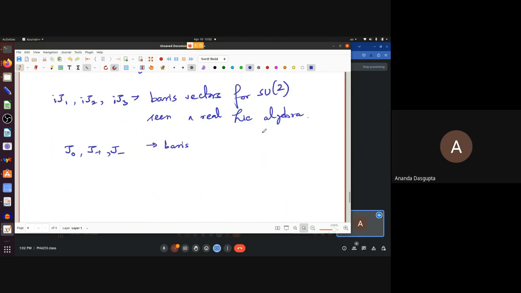So this is basically, you started with iJ1, iJ2, iJ3, which are basis vectors for SU2, a real Lie algebra generated by iJ1, iJ2, iJ3. And J0, J plus, J minus. Any idea which real Lie algebra these generate?